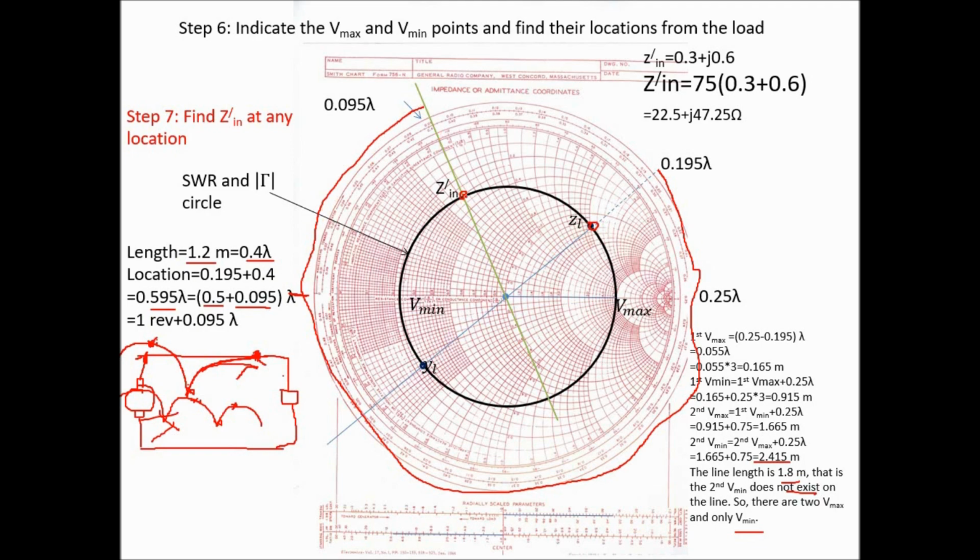So this is your ZL prime. Then beyond this point you have to go 0.095 further. At this point you can find the R value. R value is 0.3 and X value is 0.6. Then you multiply with 75, you will get this value. So this is how you can find the impedance at any point.